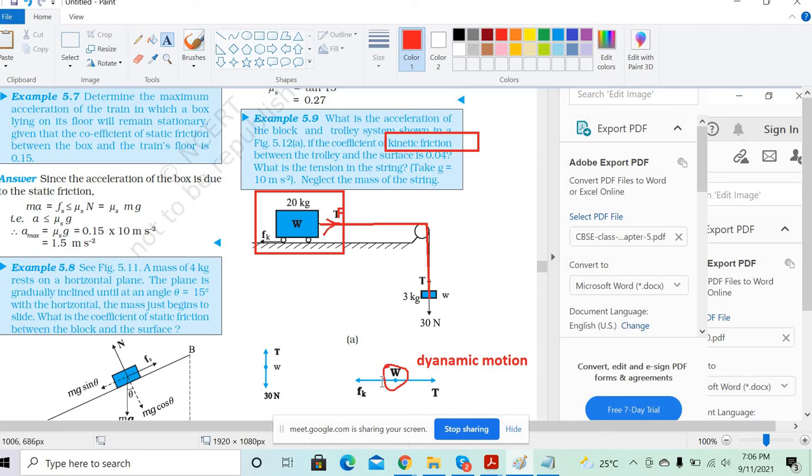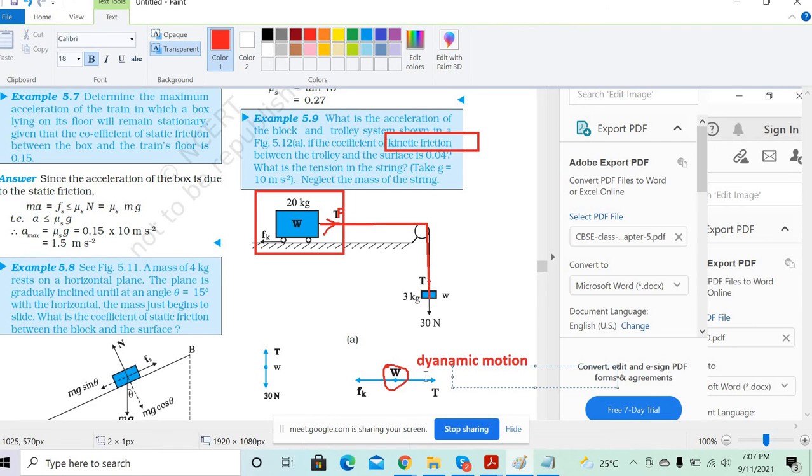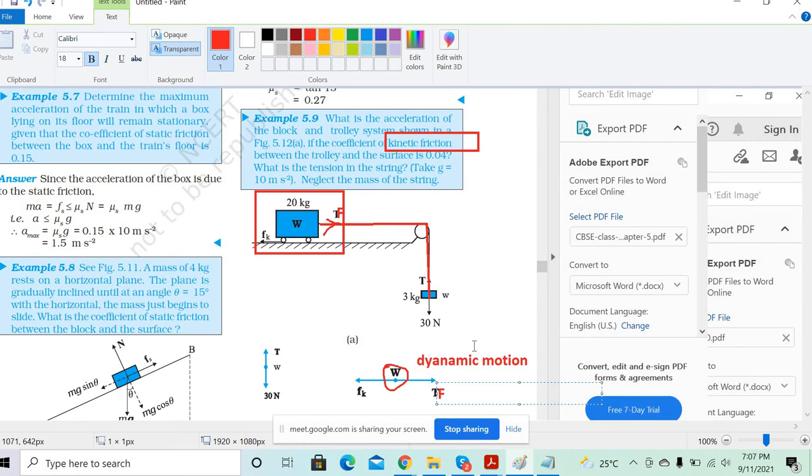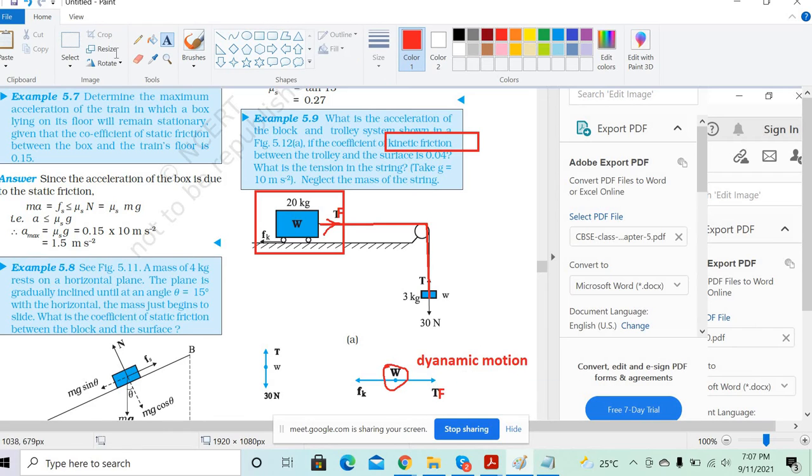Yes. Because this is a kinetic friction, the body is already in motion. So we need to find the dynamic equilibrium right now. One is the kinetic friction on the left-hand side, and the other force is on the right-hand side, isn't it? So the net force, if I represent it here, the resultant direction is in this direction.